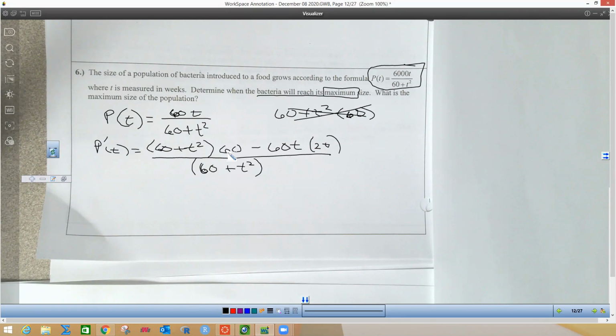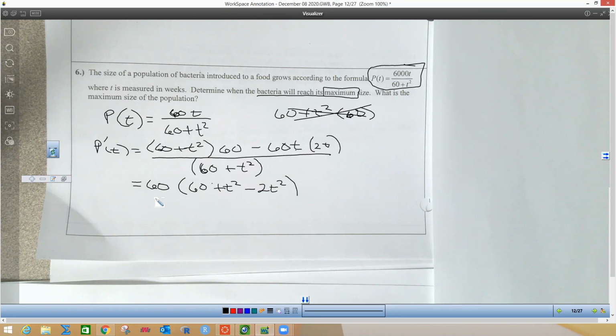If you look here, there's a factor of 60 and a factor of 60. So the very first thing I would do is factor that 60 out. And then that's going to leave this 60 plus t squared minus, over here, you're going to have minus 2t squared, because that t times that 2t is that.